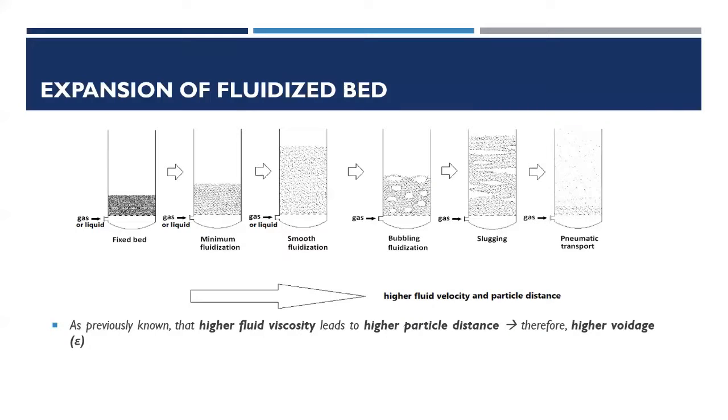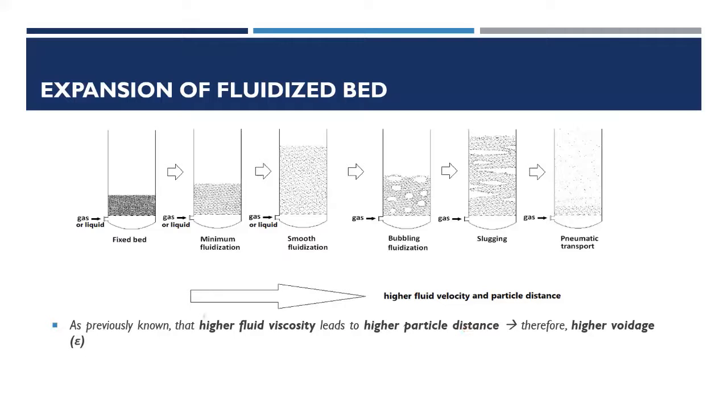Okay, so we go to the next topic, which is the expansion of fluidized bed. As previously known, higher fluid velocity, sorry, this is not viscosity, teman-teman, higher fluid velocity leads to a higher particle distance.